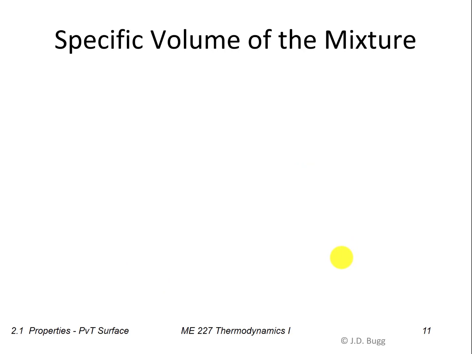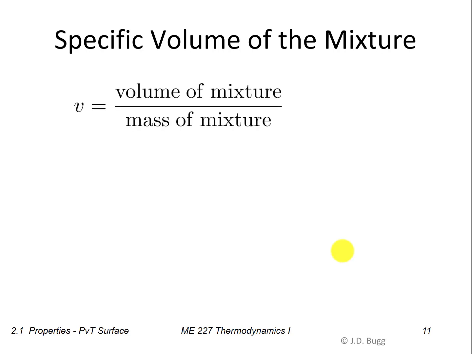Now, we want to take this idea of the specific volume of the saturated liquid and saturated vapor and the quality and talk about the specific volume of the mixture. The way specific volume is defined is volume divided by mass. So the specific volume of a mixture is the total volume of our mixture divided by the total mass of our mixture.